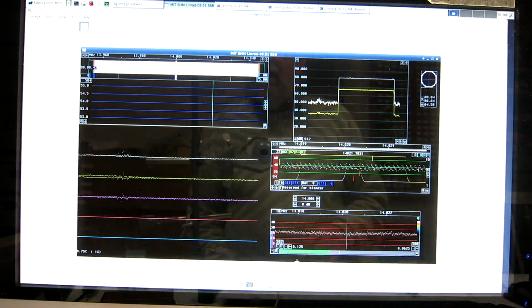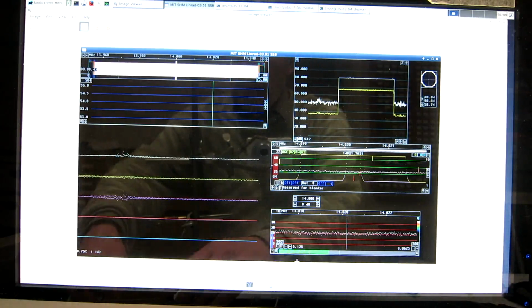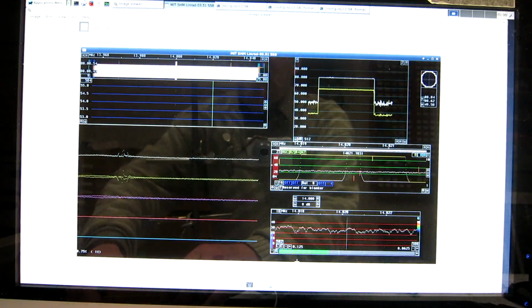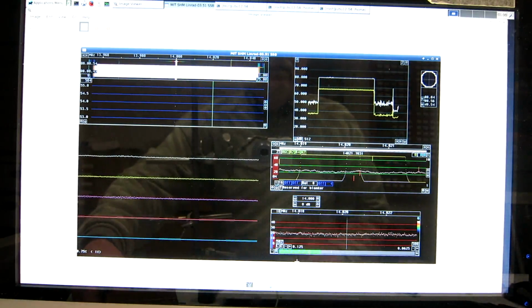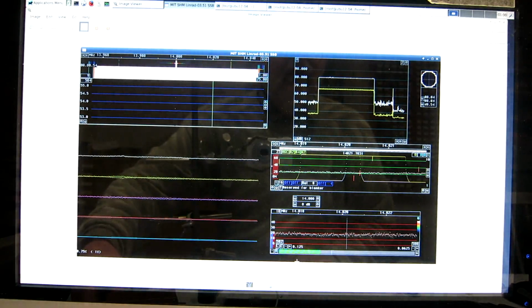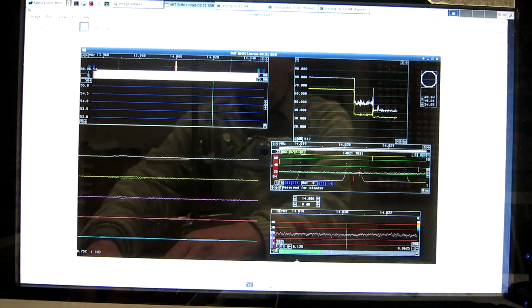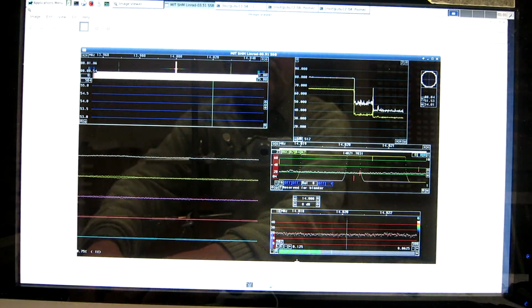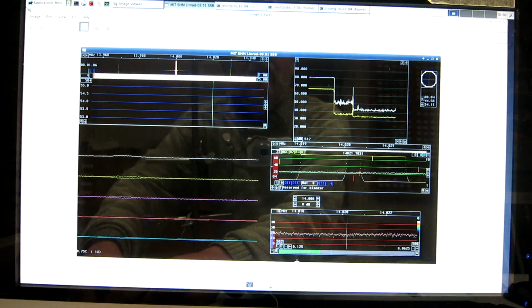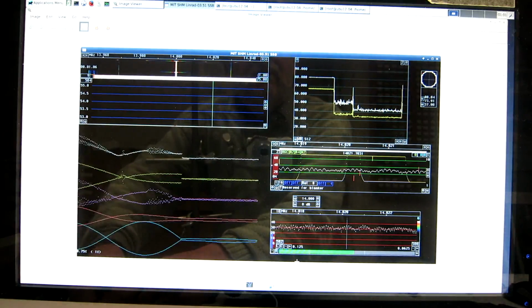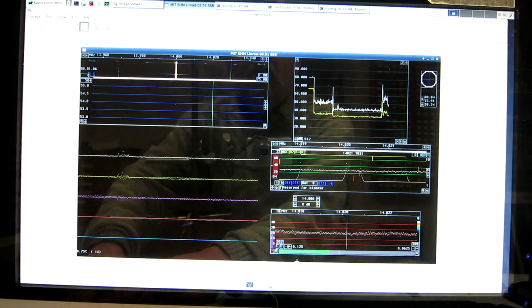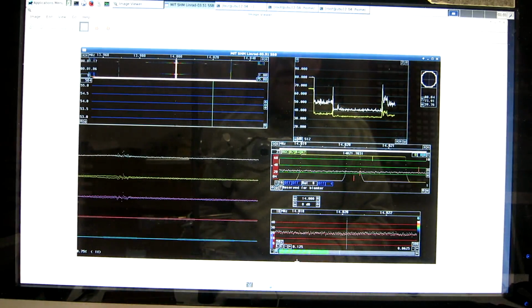If I disconnect the pulse generator like that, the noise level drops by maybe 3 dB. So these very strong pulses that without the blanker are at 68, 67 maybe, they only cause a 2 dB degradation when the blanker is running.